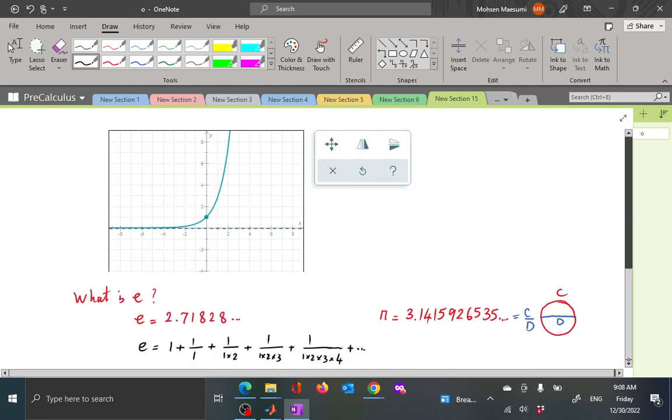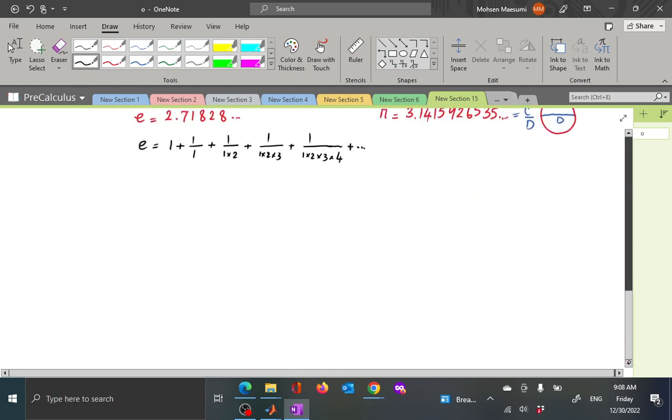Another way to explain number e, you will see again this in calculus, where you are going to be introduced to the concept of limit, is the limit of 1 plus 1 over x to the power of x as x tends toward infinity.